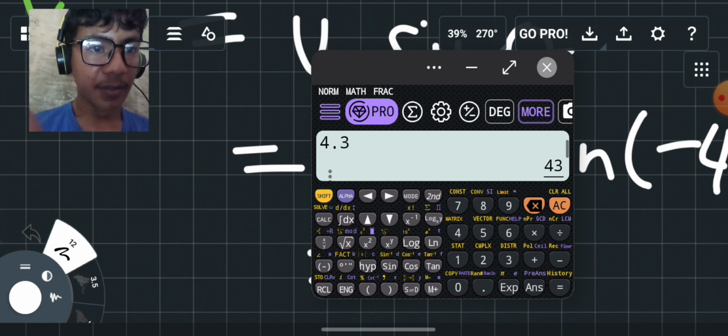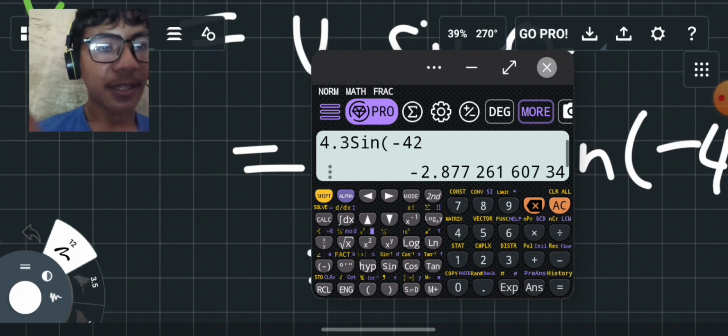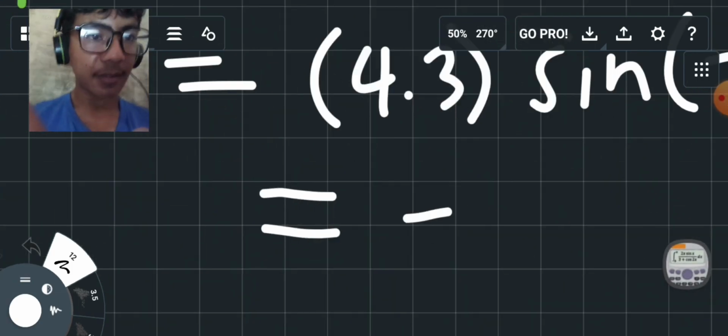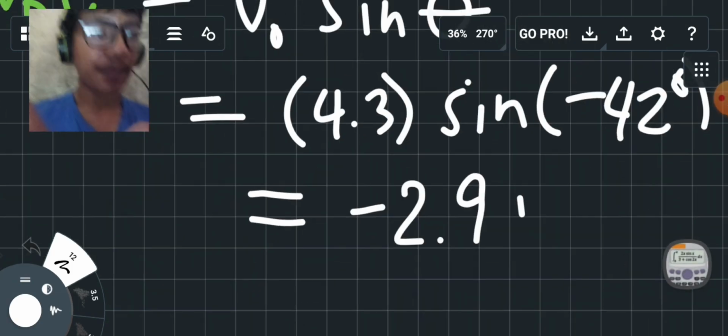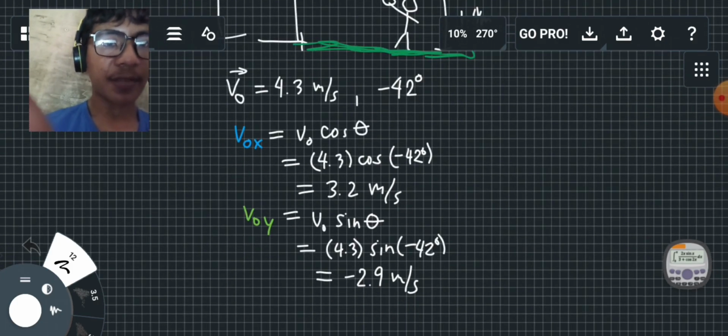Multiply that by the sine, you get negative 2.877, and round that to the nearest tenths, you should get negative 2.9 meters per second. Alright, so we're done with the components.